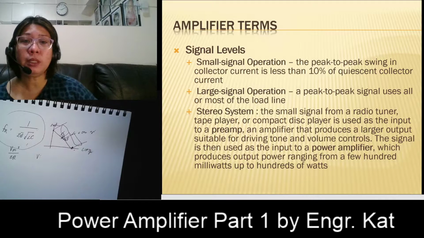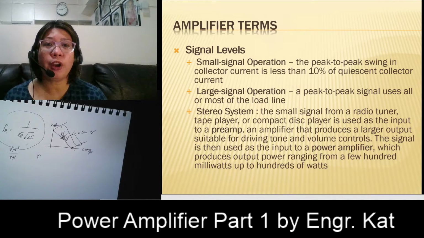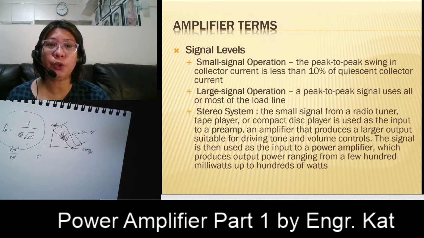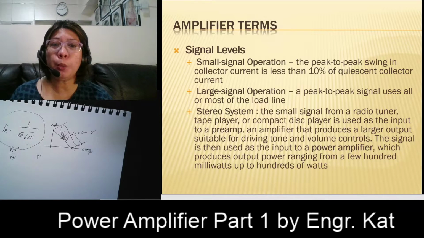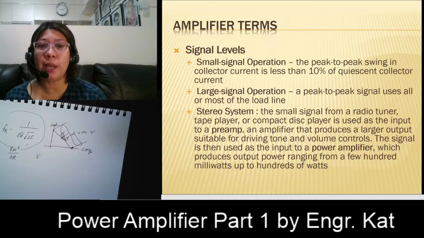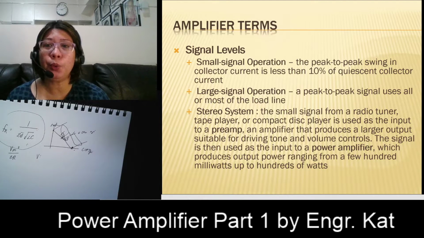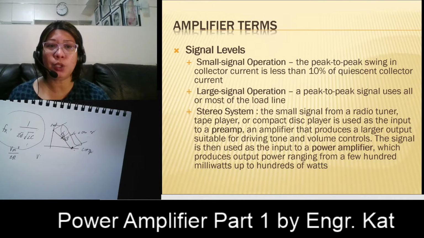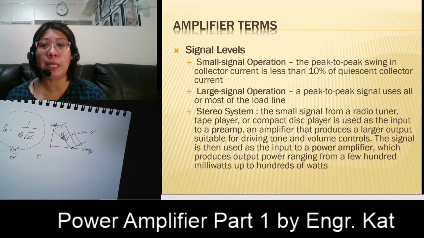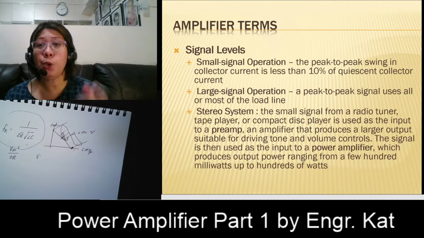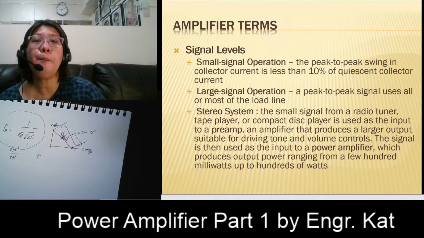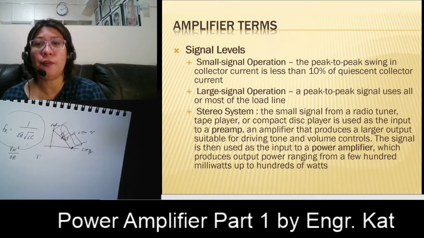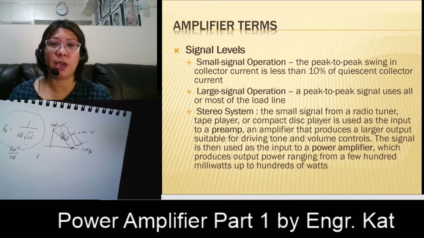Okay? So most stereo systems start with a small signal, usually coming from a radio tuner, a tape player, or a compact disc player. Those input signals are used as the input for a preamp. You will be using a preamp because the impedance of those devices is not yet properly matched to your amplifier circuit.